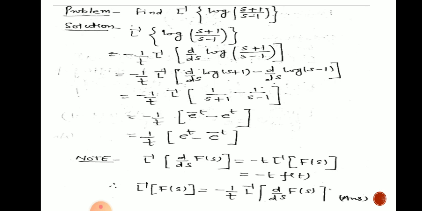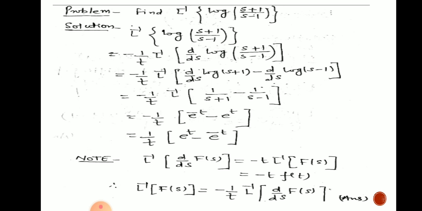So by applying this formula, we can write Laplace inverse of log (s plus 1) upon (s minus 1) is equal to minus 1 by t Laplace inverse of d by ds log (s plus 1) upon (s minus 1). This is equal to minus 1 by t Laplace inverse of d by ds of log (s plus 1) minus d by ds of log (s minus 1). Here we are using the property of log a upon b. Then we know that log a upon b is equal to log a minus log b.